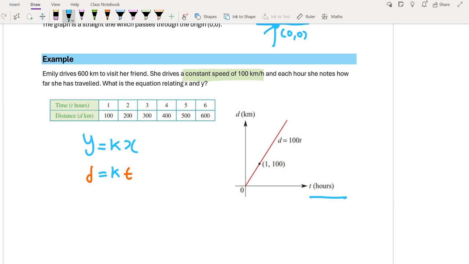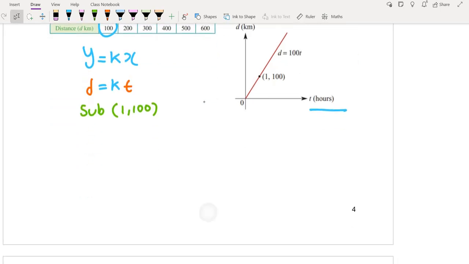So to do that, we're given so many points here, we can just pick one of them. So let's pick the easiest one with the lowest values. So if we're substituting 1 hour and 100 kilometers for distance, then we end up with 100 equals k times t, and t in this case is 1, so k has to equal 100.